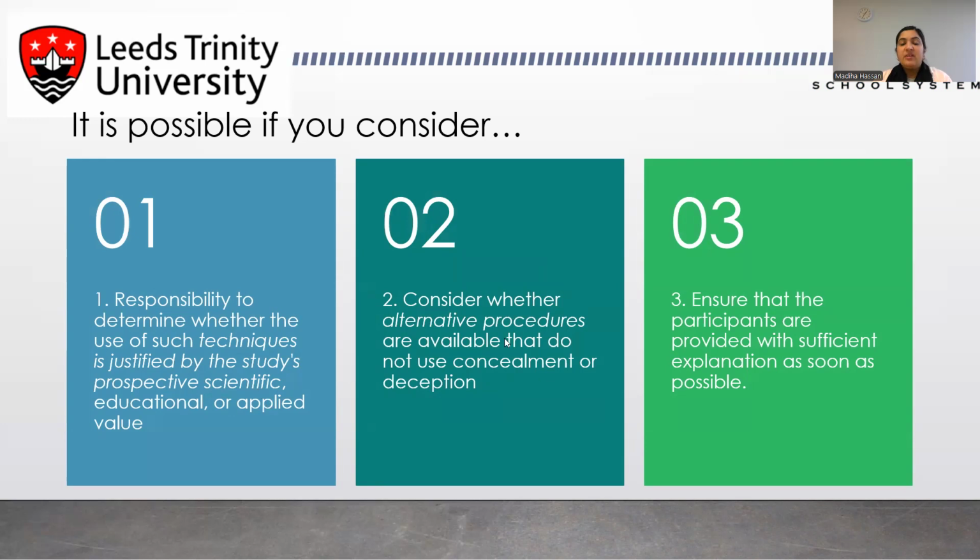Number two, consider whether alternative procedures are available that do not use concealment or deception. And number three, ensure that the participants are provided with sufficient explanation as soon as possible. For some reason, if you have to not tell them, why are you doing that still?